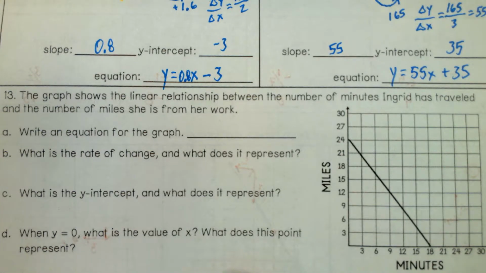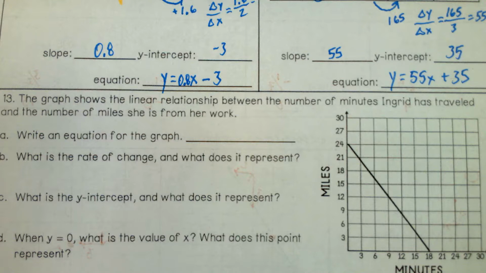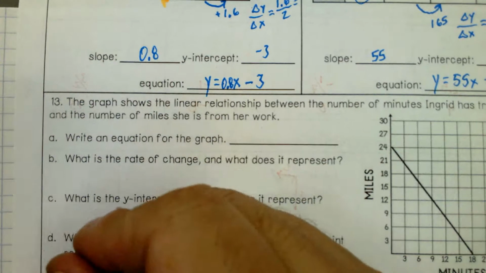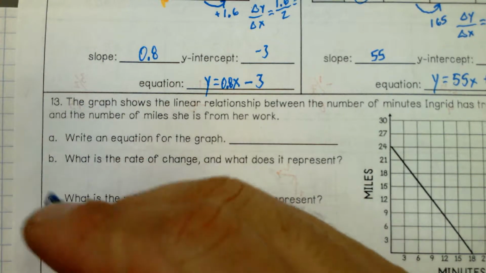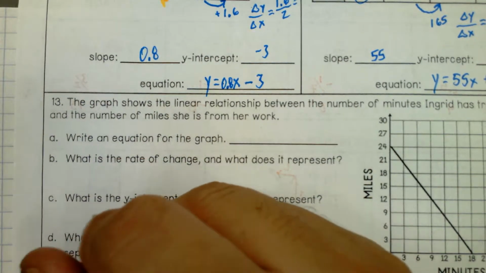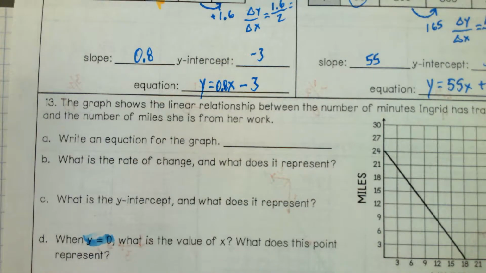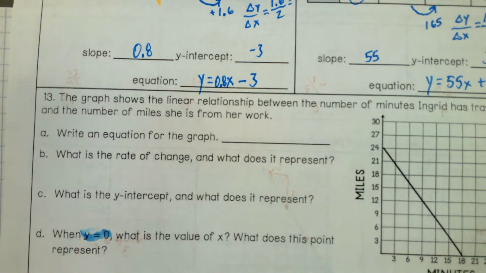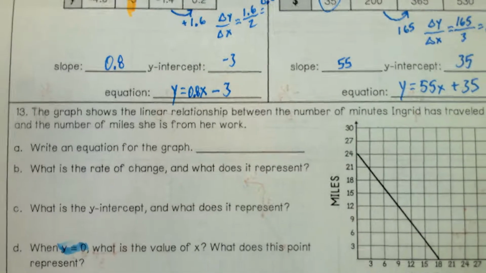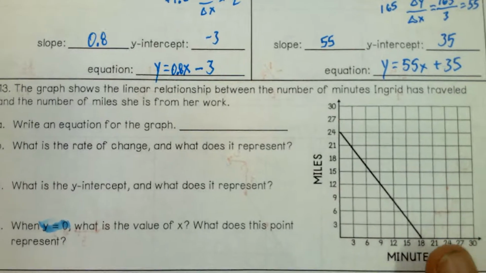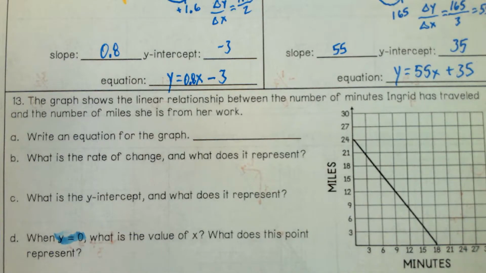So be careful on that one. This time on the last question D, we're interested in what happens when y is 0, and what this point represents. I want you to think it through. Put your brains together and work on that.